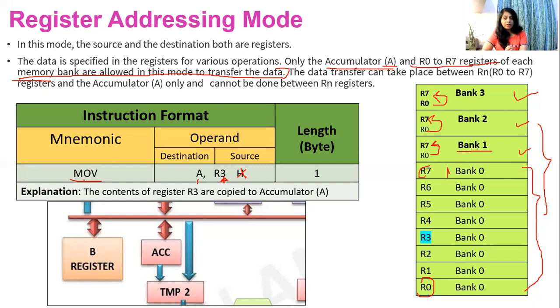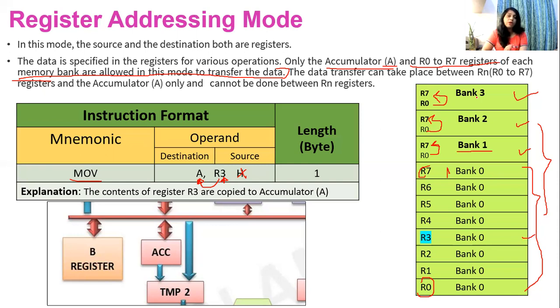Now, when I have written MOV A, R3, what does this instruction say? Source is R3. That means data is available in R3 and whatever is available in register R3 should be moved to the accumulator. Now, who will select the register bank? You know that R3 is in register bank 0, also in bank 1, bank 2 and bank 3. Every bank has R3.